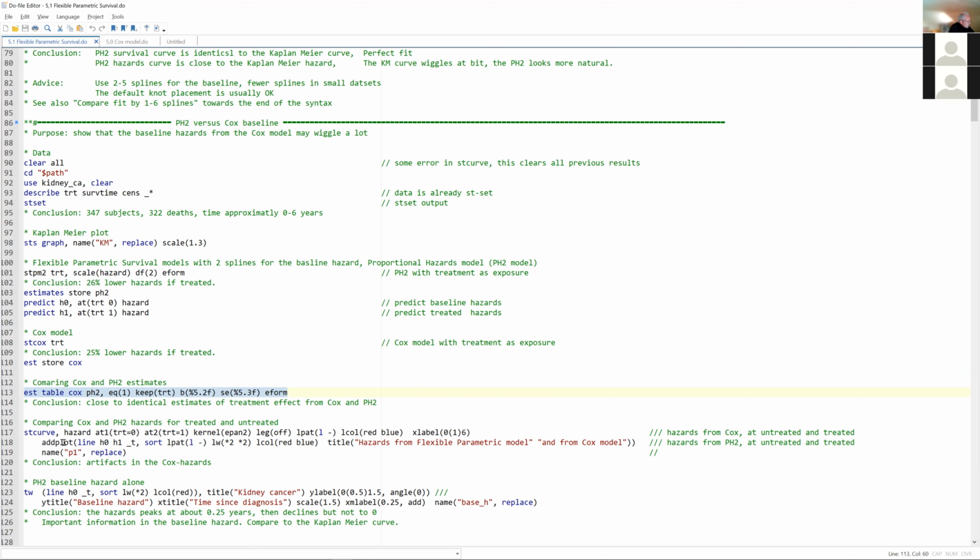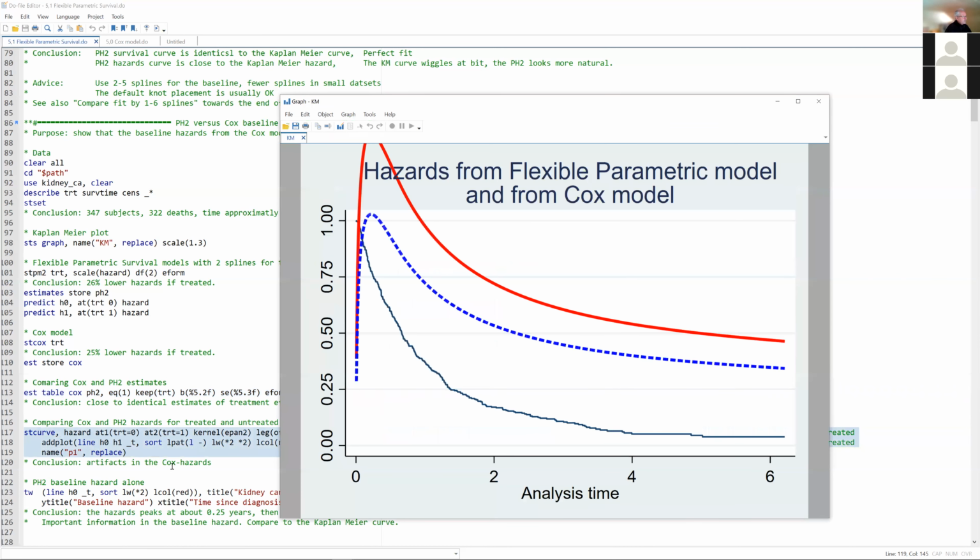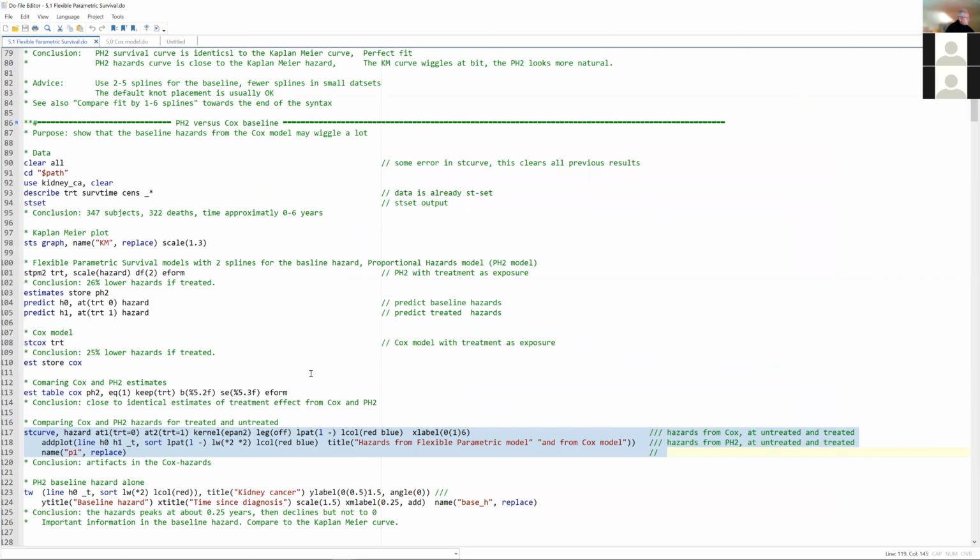And then we do an addplot, and we put in a line plot of the two hazards from the flexible model versus _t, the analysis time. So that gives us a comparison of the two baselines. Okay, not quite sure why I got this. This is obviously wrong. Let's try again.